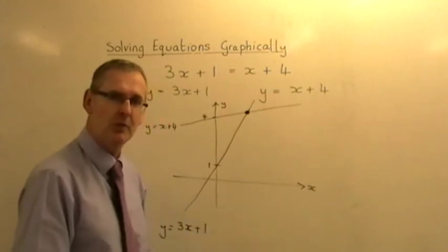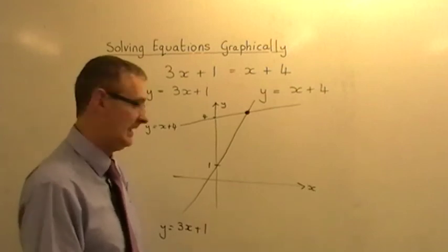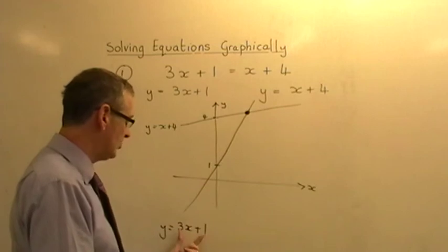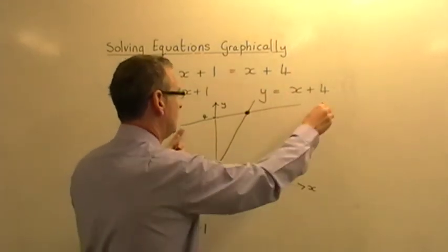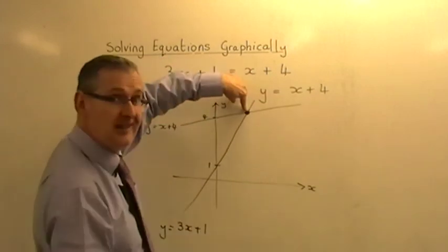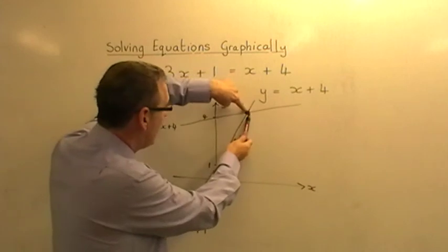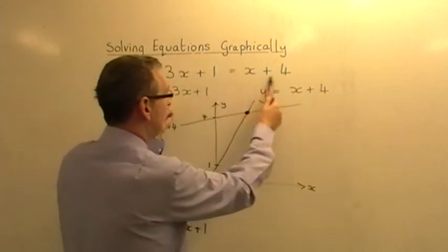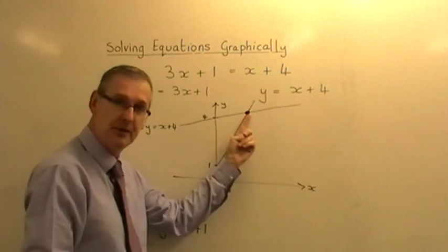So if the y coordinate obeys both, what does that mean? It has to mean that the 3x plus 1 values on this line and the x plus 4 values on that line at that point there must be identical. So at that point there, this must be a true statement for the coordinates of that point.